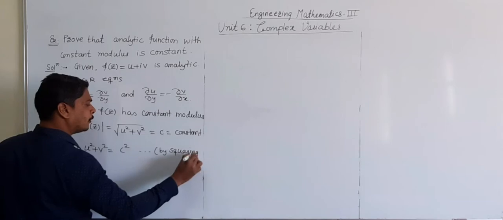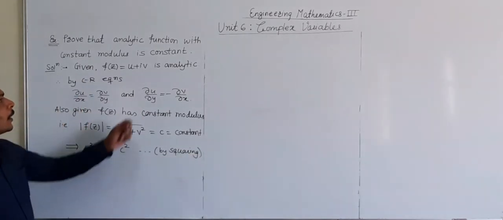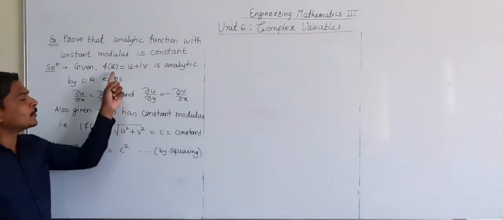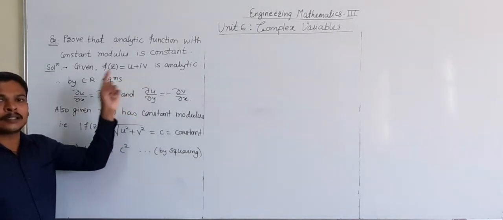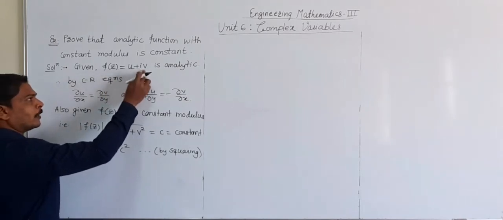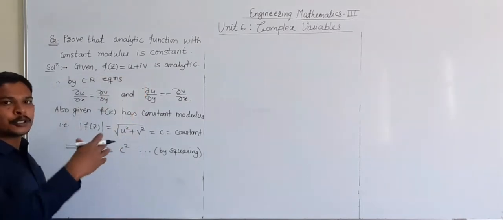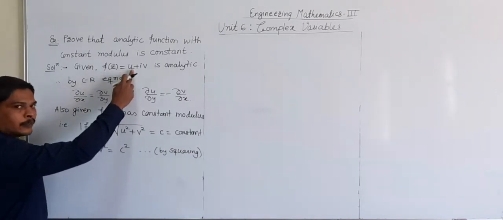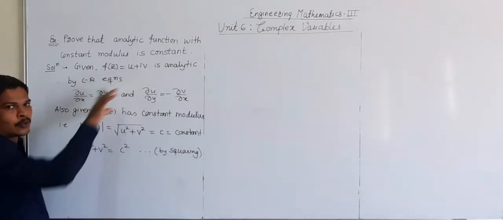Okay, our target, what is our target? Our target is to show that this f of z is a constant. When we say that f of z is a constant: f of z is a function of u and v, and u and v are functions of x and y. This f of z is constant if both u and v are constant.